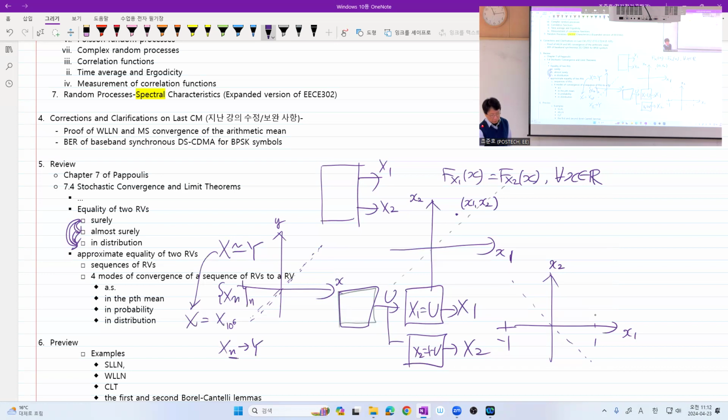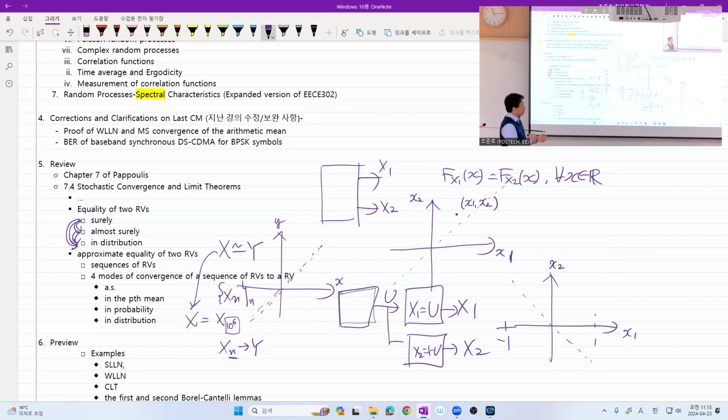For example, with n very, very large, say 10 to the 6, it may be close enough to claim your approximate equality. So we construct a sequence of random variables that converges to the right-hand side and claim that x is close enough to y for our application.